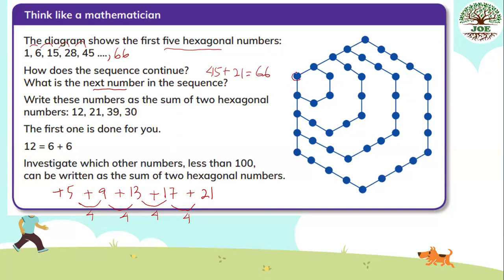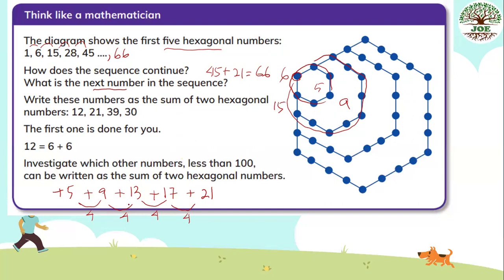Let's see how this happens in the figure. This is 1 first. And 6: 1, 2, 3, 4, 5, 6. The increase is 5, so altogether they become 6. And another 9 is added, becoming 15.